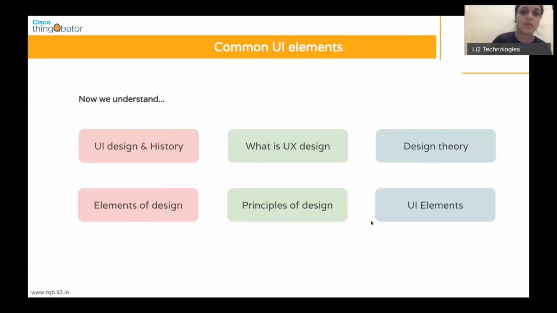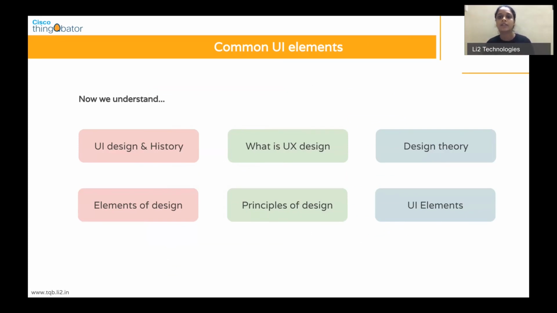Okay, so before we move on, let's understand what we have done so far. We have covered what UI UX design is. We've also understood a little bit of the history of UI design. We've looked at what design theory is. We've also understood elements of design theory, principles of design, and UI elements. So we've covered most parts of what design is and how to start designing, the history of designing, and all of it.